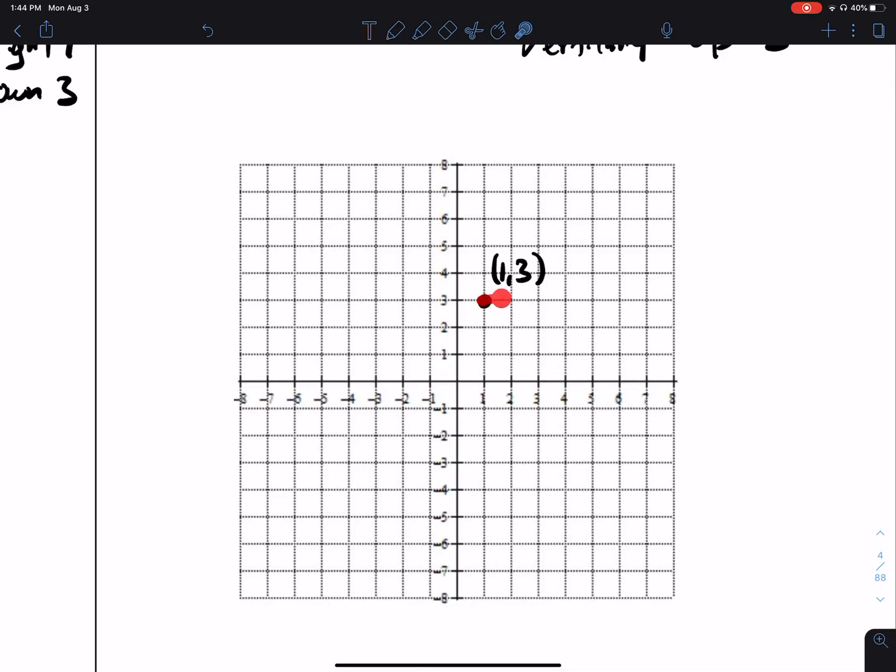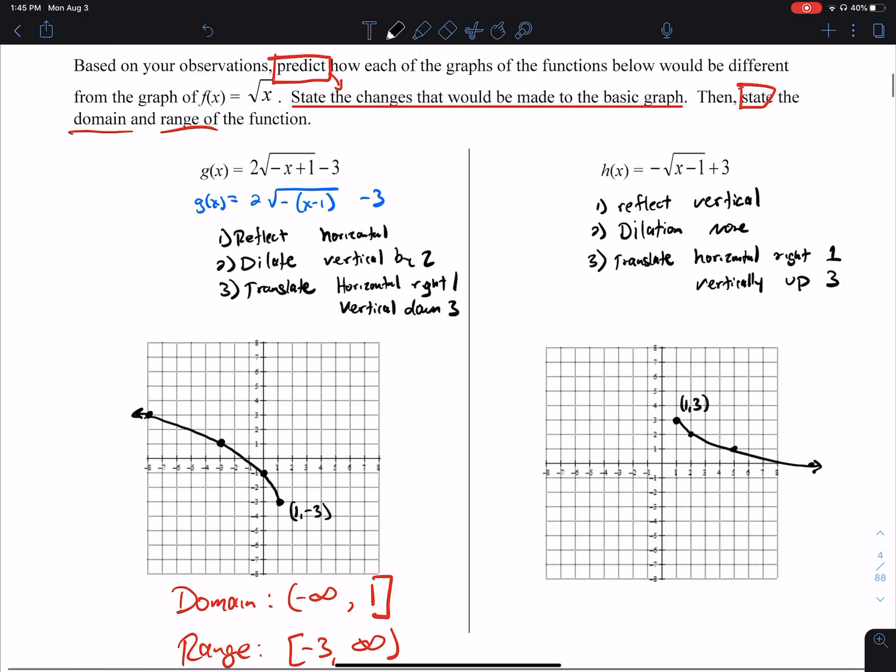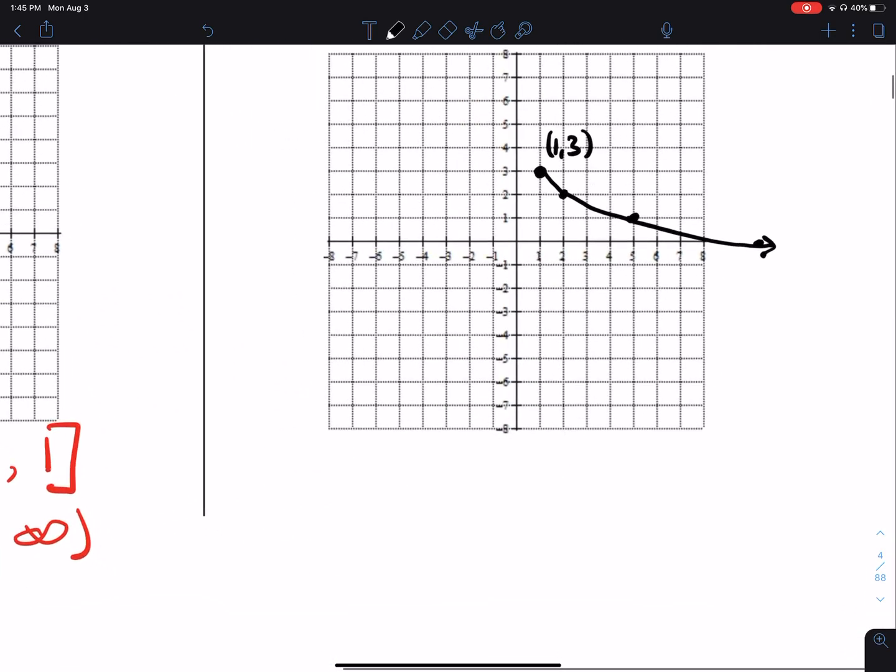Normally we go to the right 1, up 1, but now we're going to go right 1, down 1. Normally we go to the right 4 and up 2. Now we're going to go down 2 because the square root of 4 is 2. We go to the right 9 and down 3. It's going to put us someplace over here. That is the graph. We haven't found the domain and range.